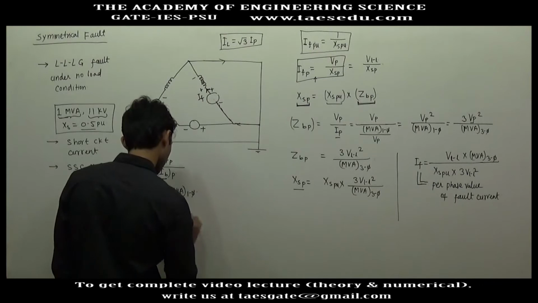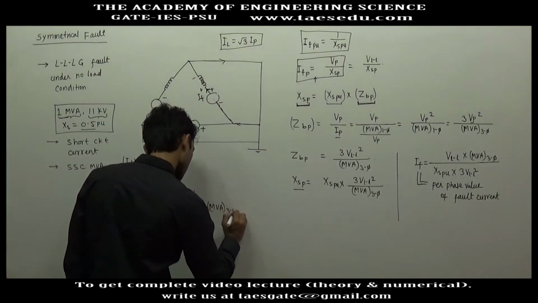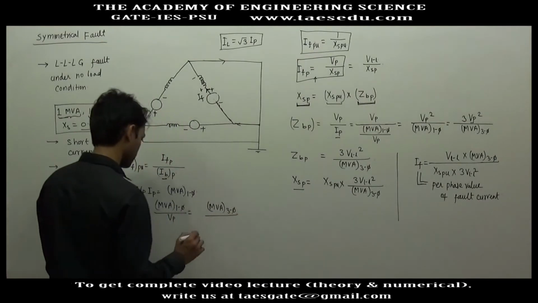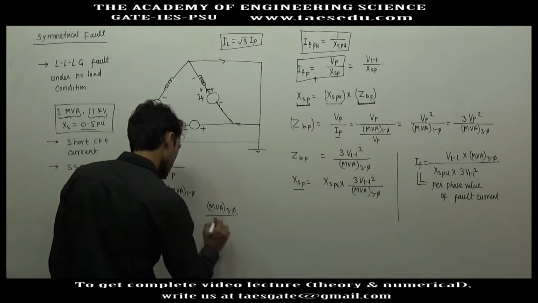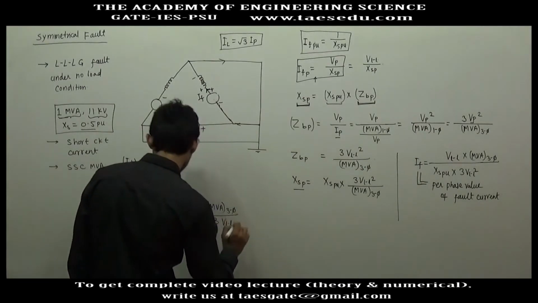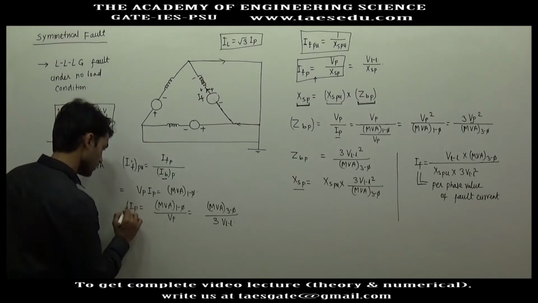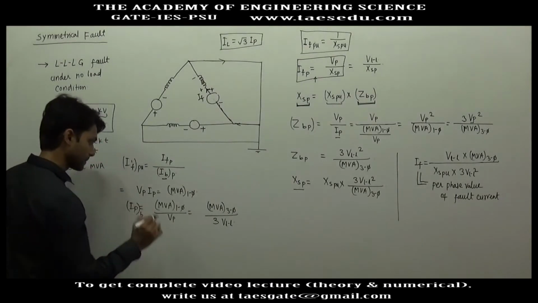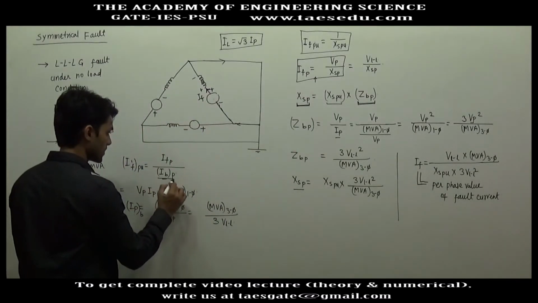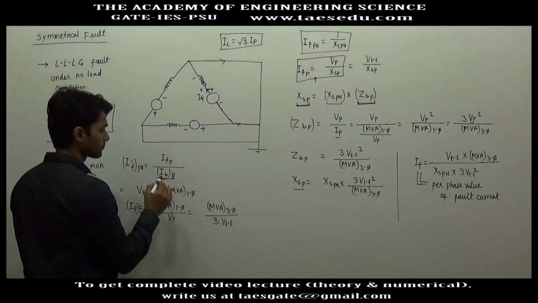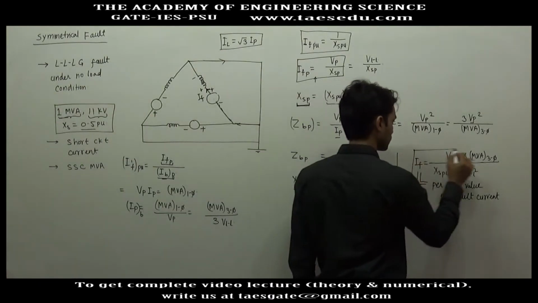So this will be MVA of 3 phase divided by 3, and phase voltage is equal to line voltage. So this is the base value of phase current. So you have the base value of phase current, and here you have the fault current.